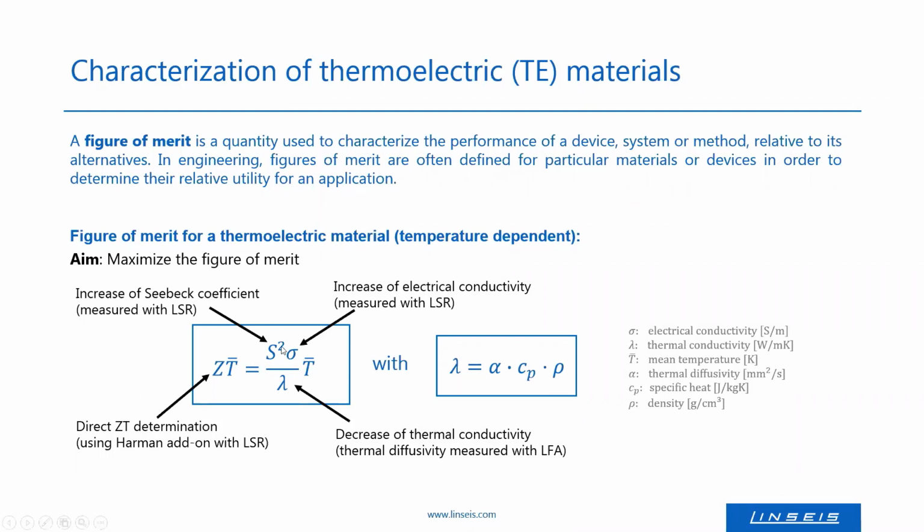So from this formula, it can be directly seen that for high conversion efficiency, one needs a high Seebeck coefficient, a high electrical conductivity, and a low thermal conductivity.